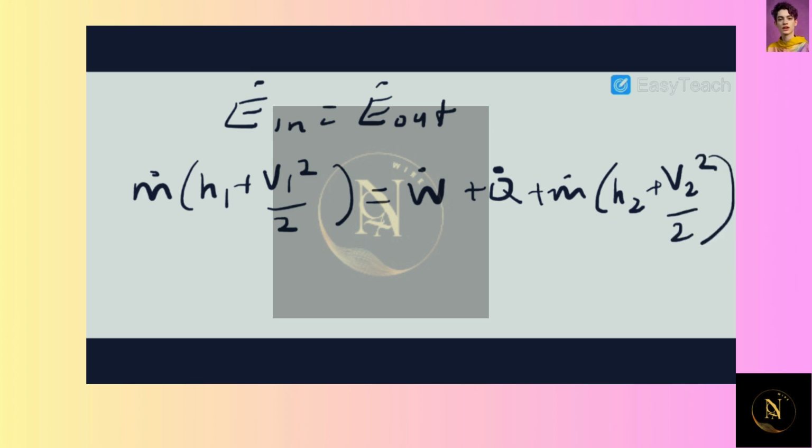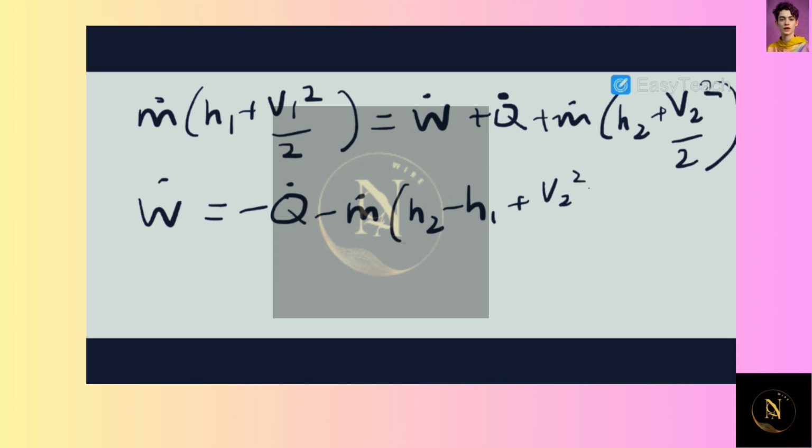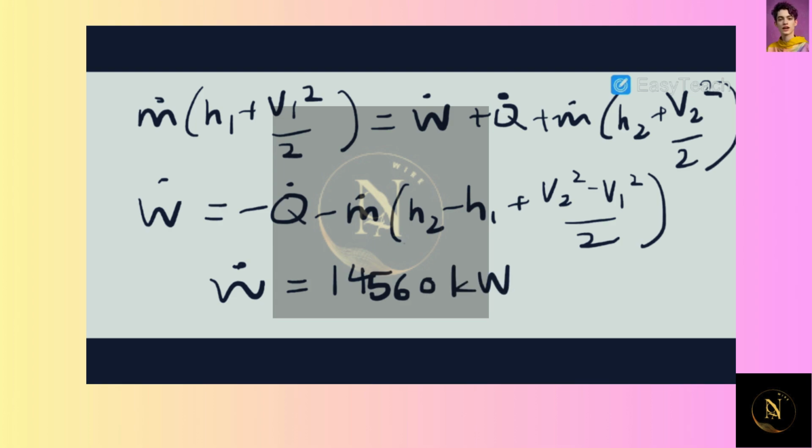Now we can isolate the work and say that work equals negative q dot minus m dot times (h2 minus h1 plus (v2 squared minus v1 squared) over 2). And plugging in for all these quantities, we get a power output equal to 14,560 kilowatts. And that's our final answer.